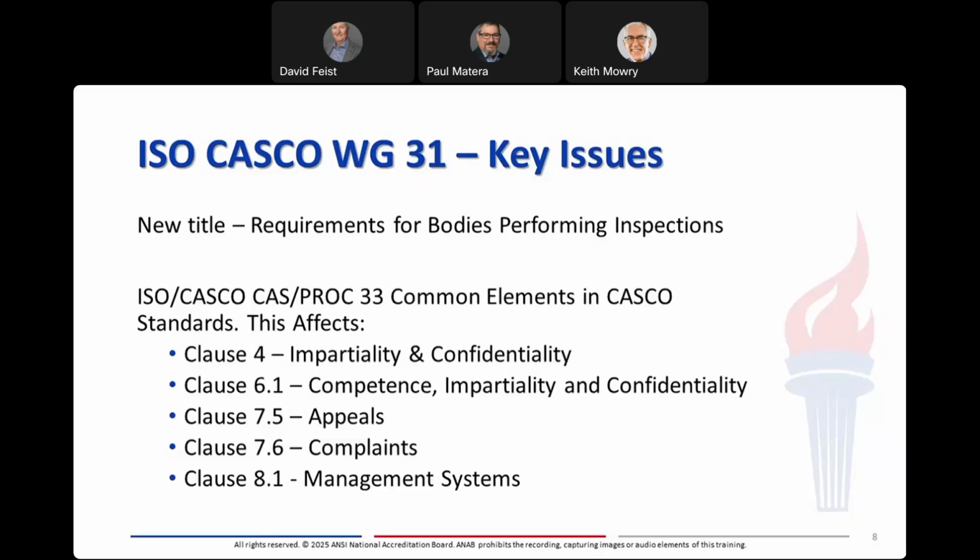So if you have a 17025 and you have 17020, certain sections are going to be identical. That's to try to help companies that have multiple standards so they don't necessarily have very different quality management systems.